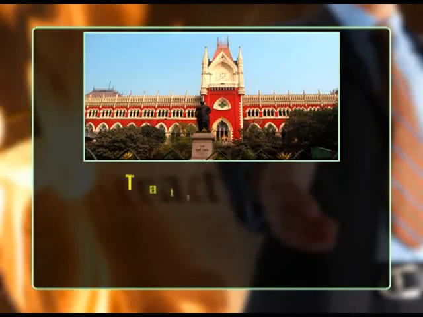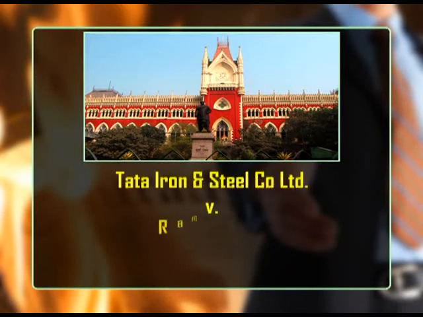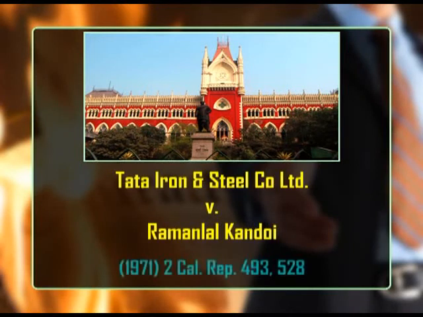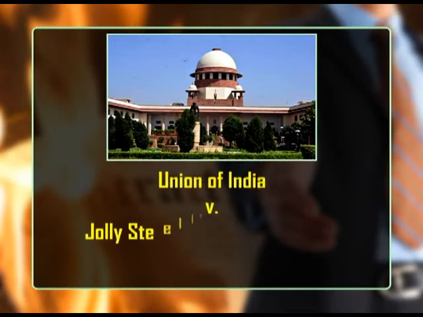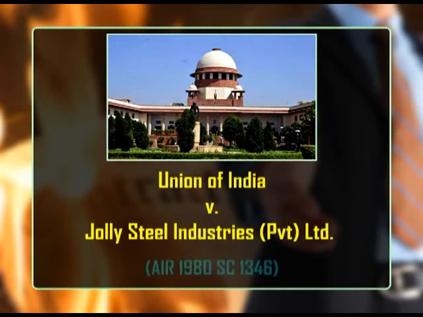This was held by the Calcutta High Court in the case of Tata Iron and Steel Company Limited versus Ramanlal Kandoi. In case of non-delivery of goods, the damages are fixed on the basis of the price prevailing on the date on which the delivery is to be made, as was held by the Supreme Court in the case of Union of India versus Jolly Steel Industries Private Limited.